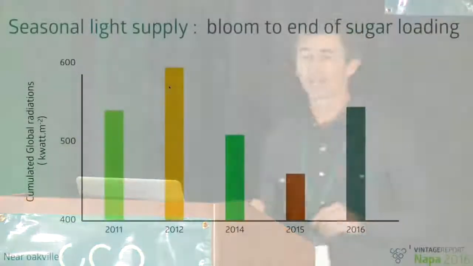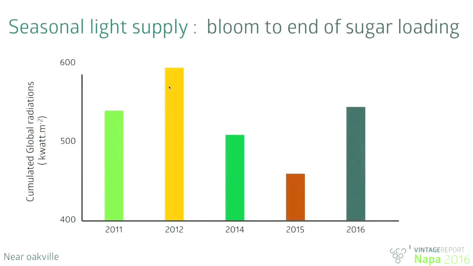What you can see is that even if it has been slightly ignored, there is a variability from vintage to vintage. You see 2012 with a lot of cloudless days being very high. You see 2015 being very low. Remember the wildfires. They did actually increase the scattering of light due to so many particles, and that markedly declined the amount of cumulated global radiation, so really the amount of photons.